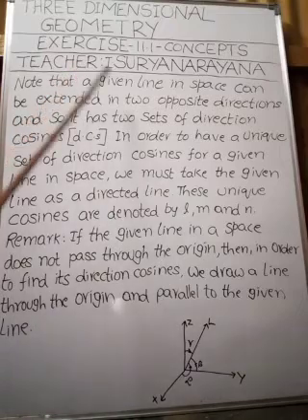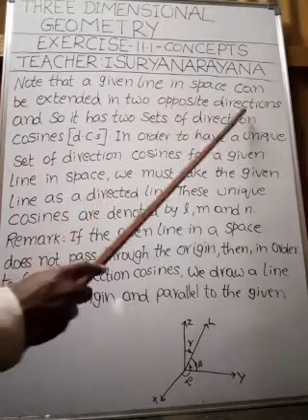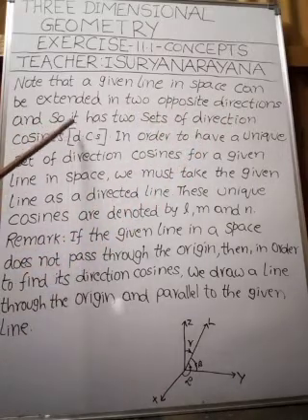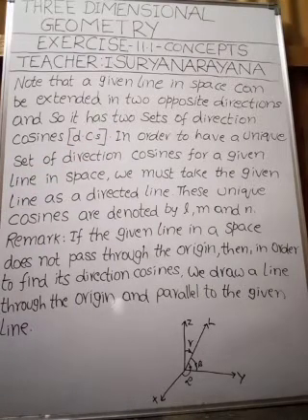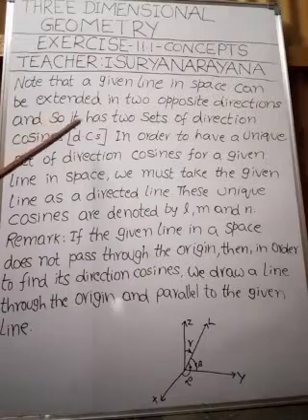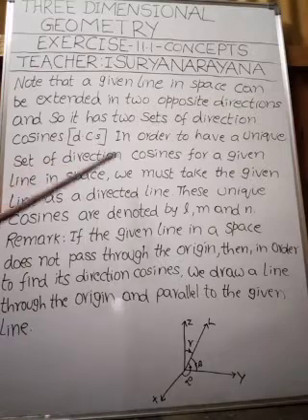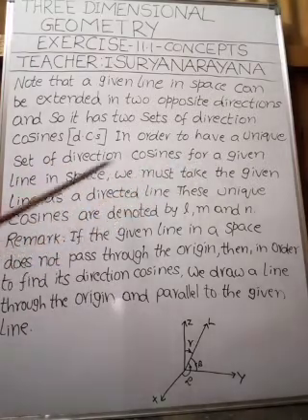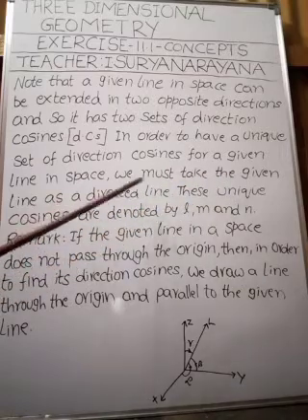Note that a given line in space can be extended in two opposite directions, and so it has two sets of direction cosines. In order to have a unique set of direction cosines for a given line in space, we must take the given line as a directed line.